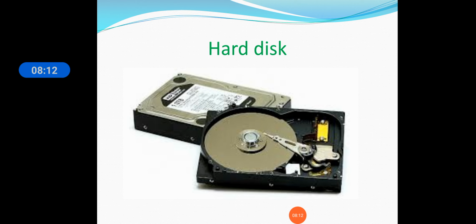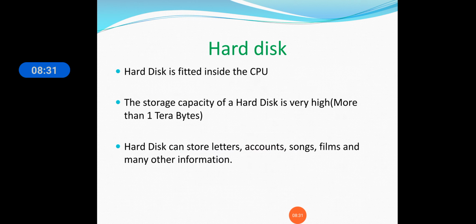This is the picture of a hard disk. You can see here, all are familiar with the hard disk. You have seen this picture, you have seen this hard disk in the computer. In your house also it is available. This is called hard disk. Hard disk is fitted inside the CPU. The storage capacity of hard disk is very high, more than 1 terabyte, TB.